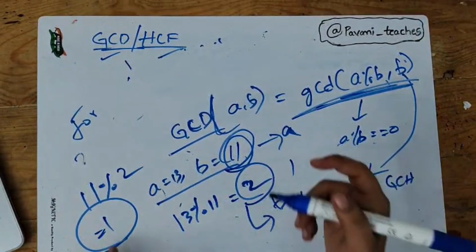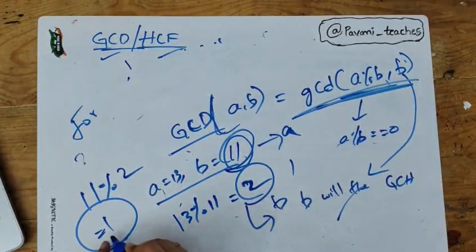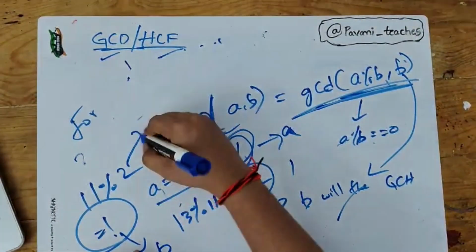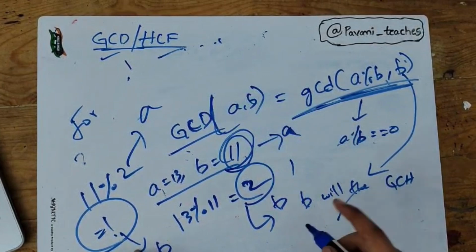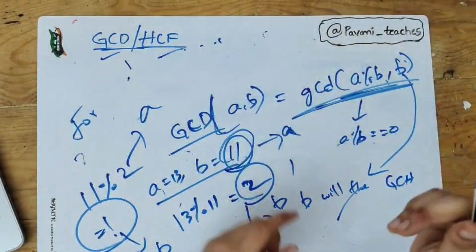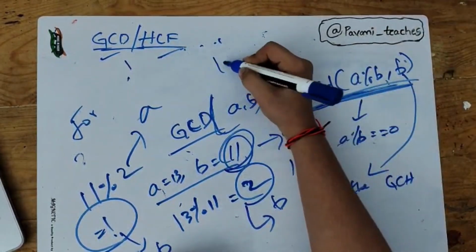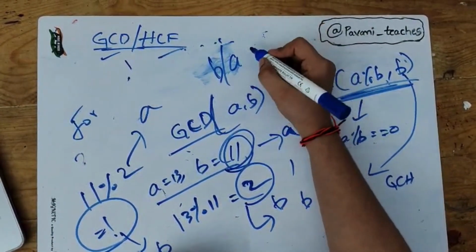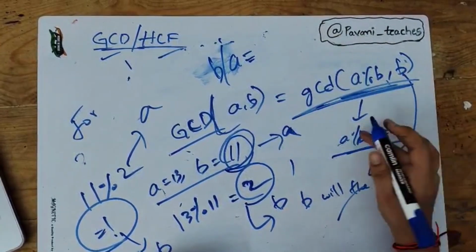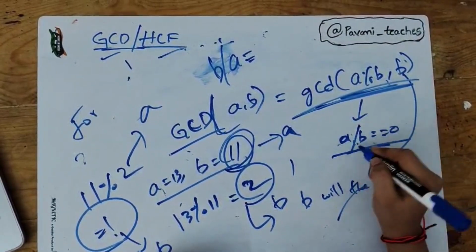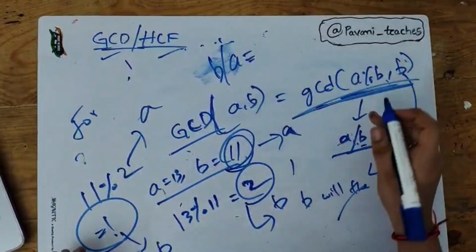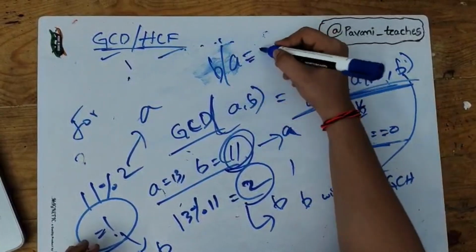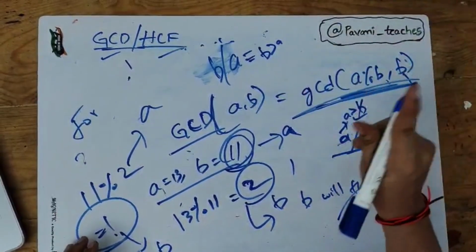Now we'll replace this 1 in B and 2 in A. Now while dividing, before I said it's not A modulo B, it's A by B, where A is greater than B, but here I am taking B greater than A. Okay, don't get confused.